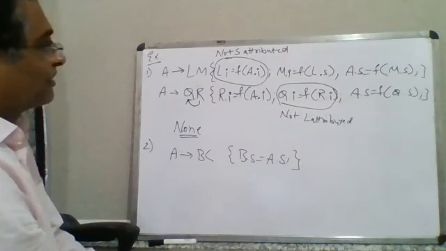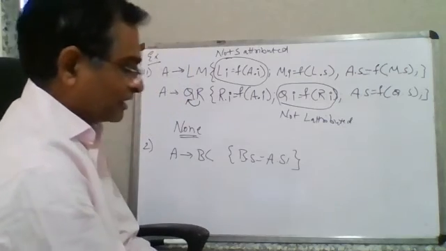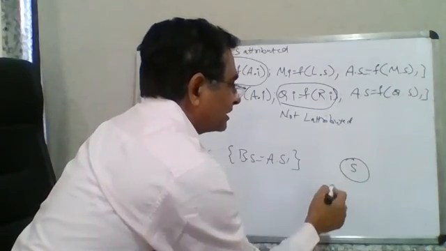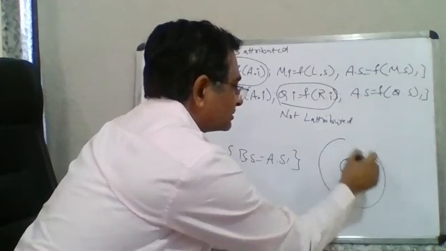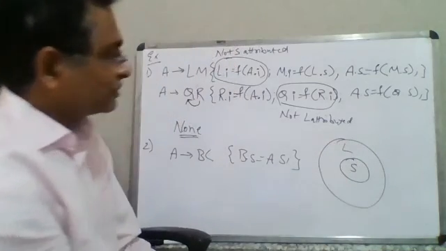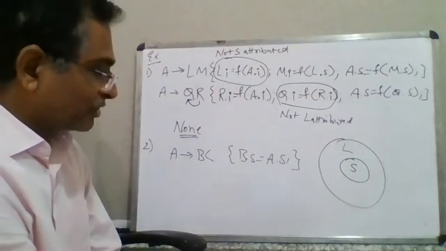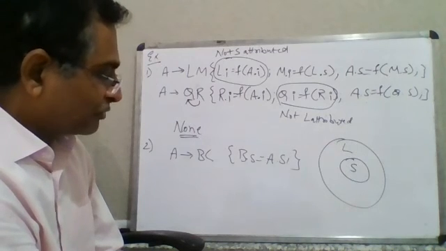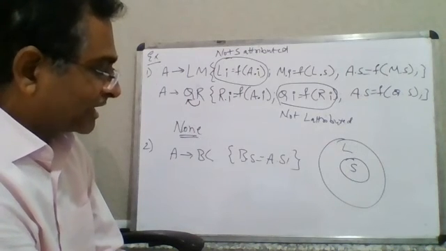Now what I'm saying here is, observe that there are synthesized attributes, which is S, and there is L attribute, which is in this way. If the grammar is S attributed, then definitely it is going to be L attributed.